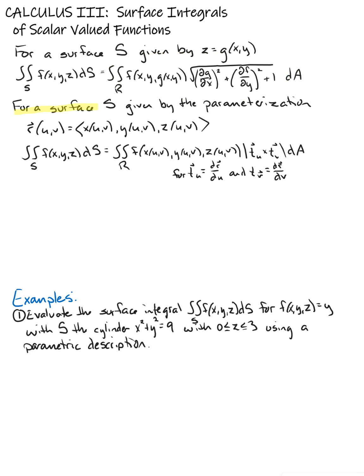Now, if our surface is given by a parameterization, which we'll call R, and notice R has the parameters u and v, so we actually have two parameters here.